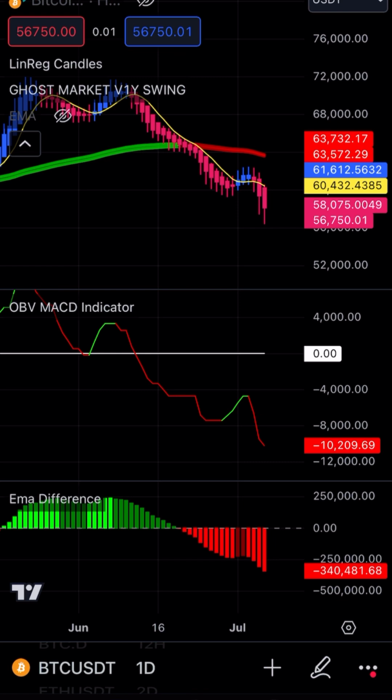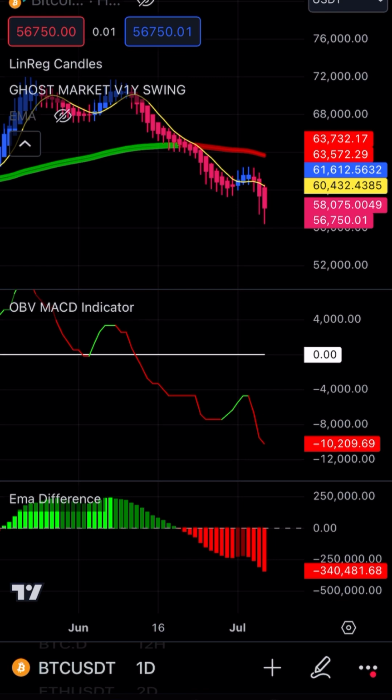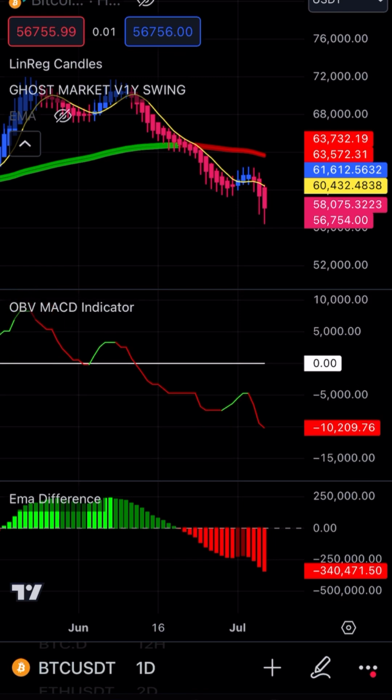So you got your linear line strategy, which I've made videos about, and you got your 9095, which I've made videos about. The indicator down below is the OBV MACD indicator, which I've made videos about too. I talked about this indicator last week, so definitely check that one out.